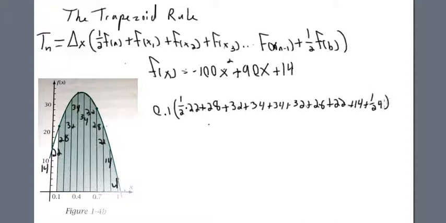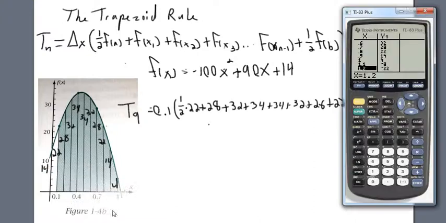And this will give us the integral using 9 trapezoids. Now this should be a more accurate estimation than what we just had. So I'm going to plug all this into the calculator and see what we get.